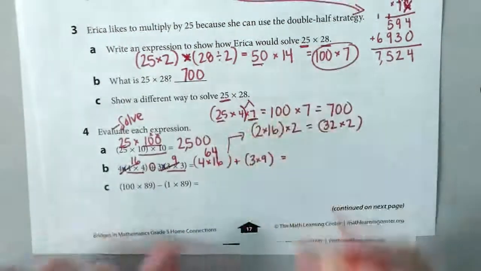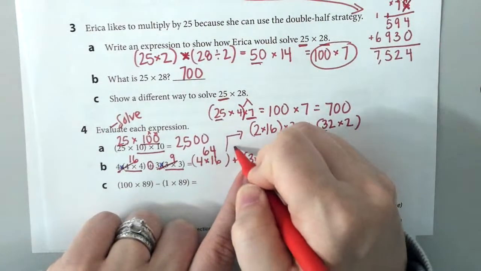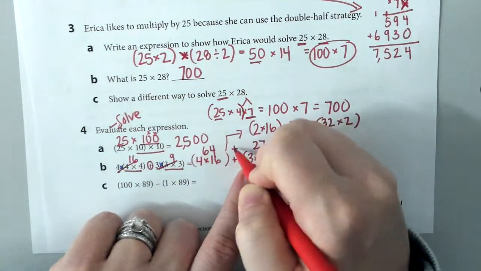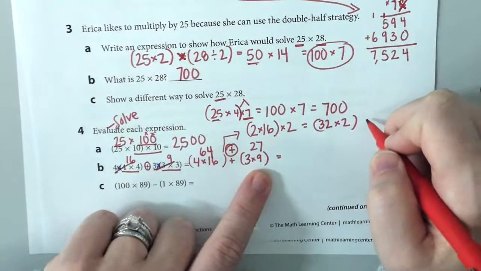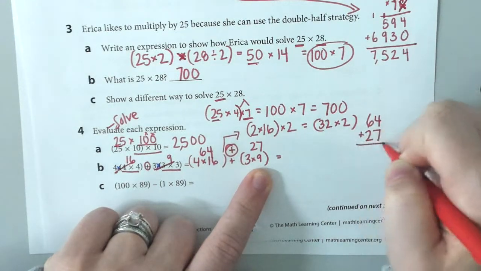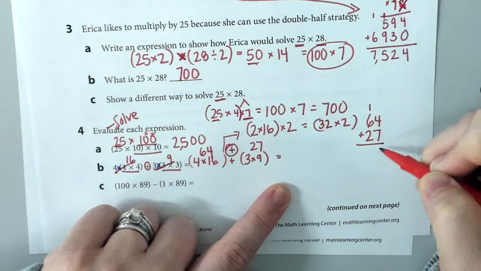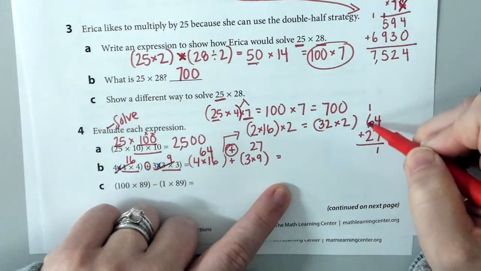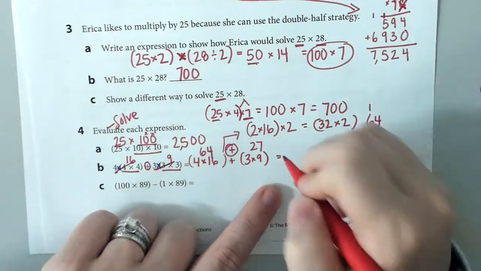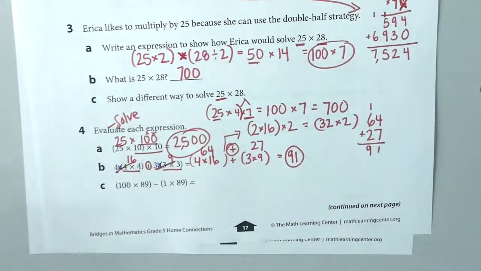So I'm going to write 64 right here. And then 3 times 9 is 27. Now I need to add these two together. 64 plus 27. 4 plus 7 is 11. 6 plus 2 is 8. Plus 1 more is 9. So I get 91. I'm going to circle my answers so I can find them.